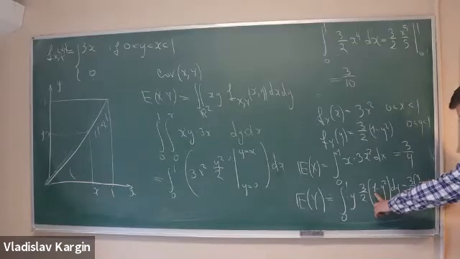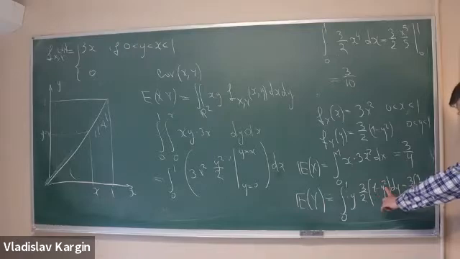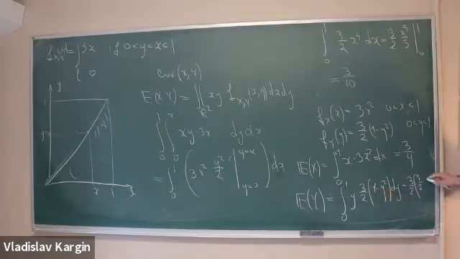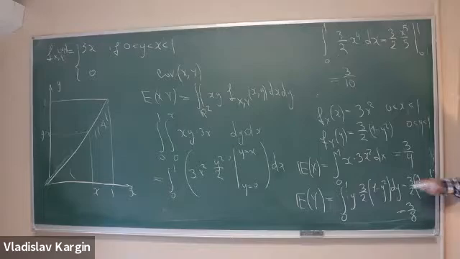And here is y cubed, whose antiderivative is y to the power of 4 divided by 4, so minus 1/4. Altogether this gives 1/4 times 3/2, so it's equal to 3/8. So these are the unconditional expectations of X and Y.